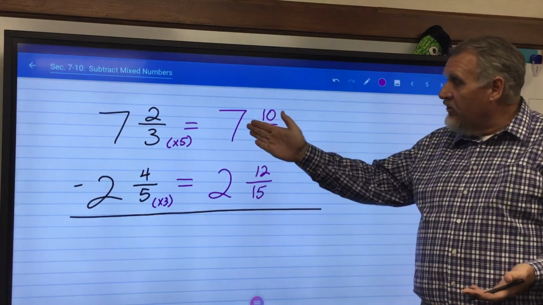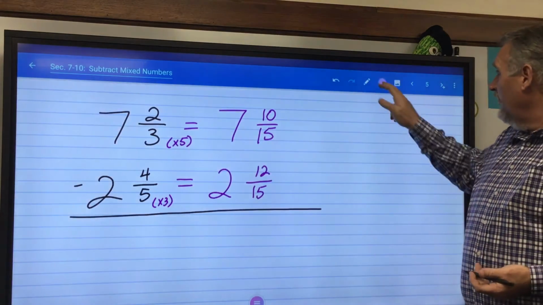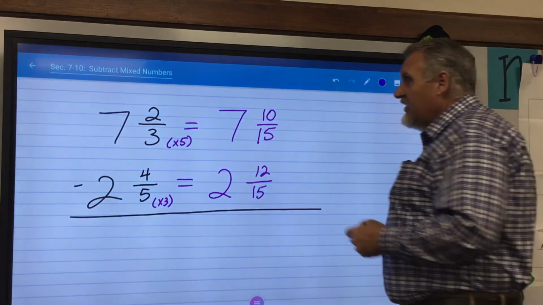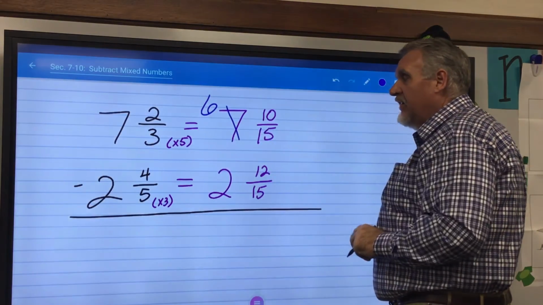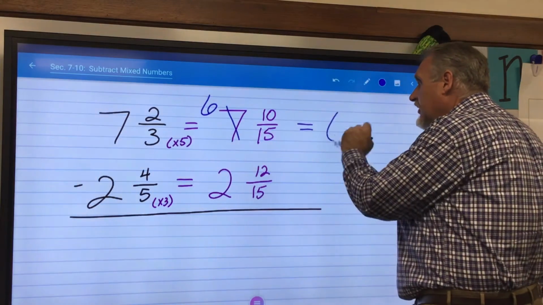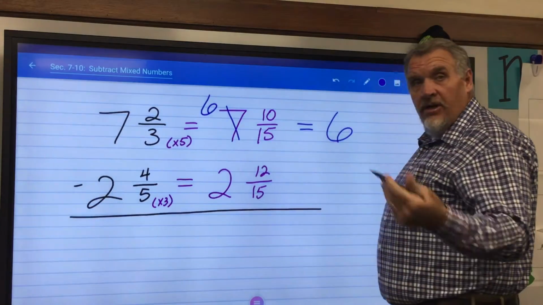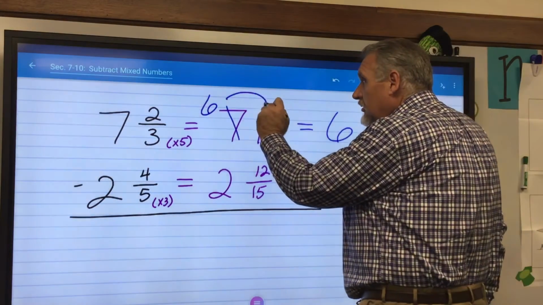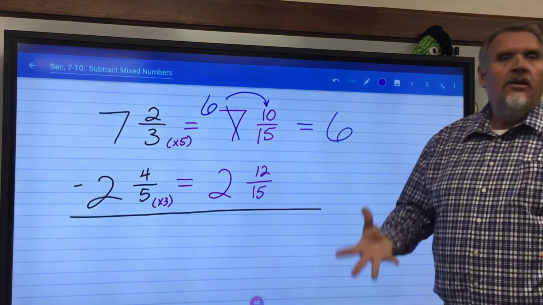So I go to my mixed number, I go to my whole number, and I want to borrow. All right, so I'm going to go to my 7, and it's going to become a 6. Okay, so my new whole number is going to be a 6. All right, and I am going to give that 1 to the fraction, but just saying plus 1, that doesn't help me.